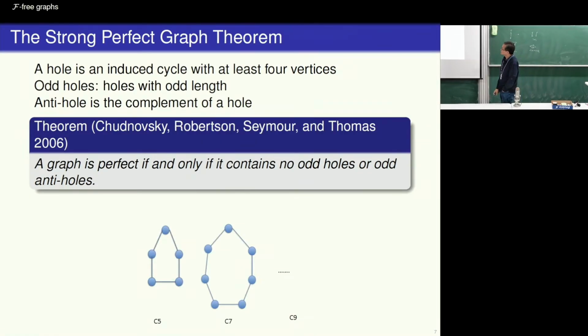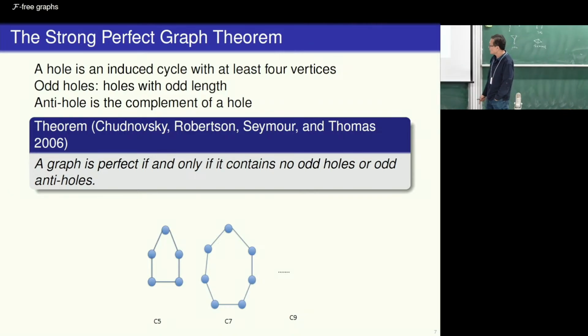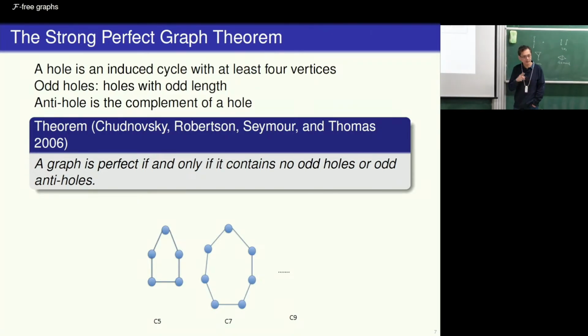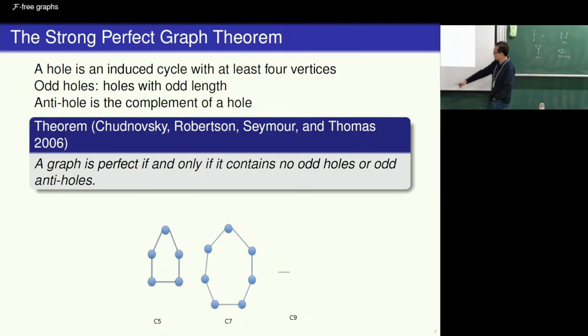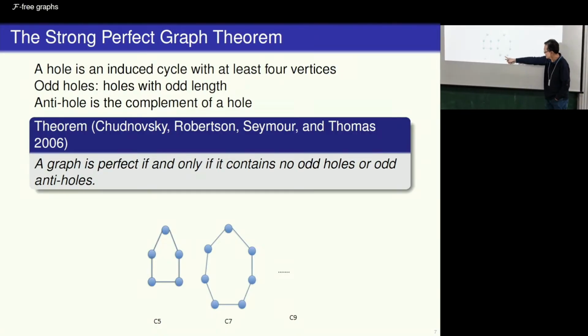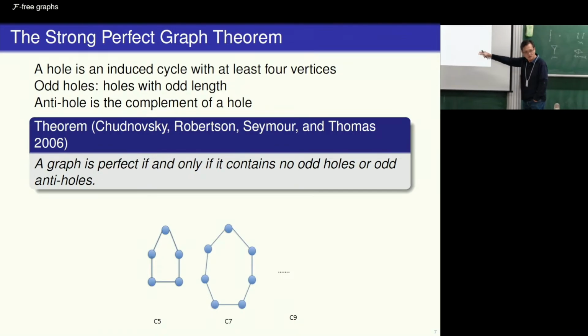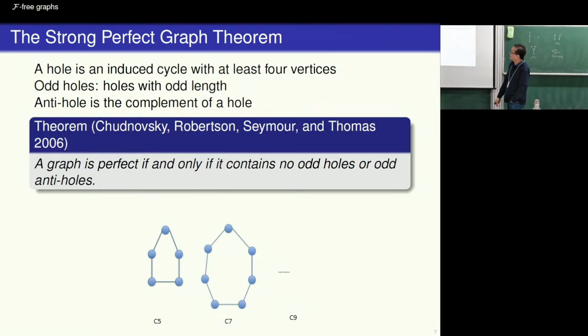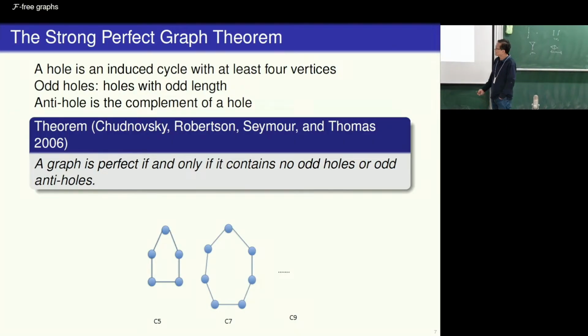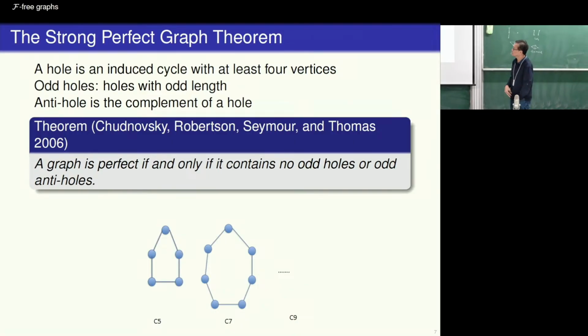So an odd hole is an induced cycle with an odd number of vertices, at least 5. Say this is C5 and C7, and then you go on to C9 and so on. That's called an odd hole, and an odd antihole is just the complement of an odd hole.